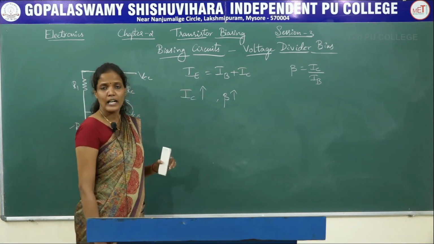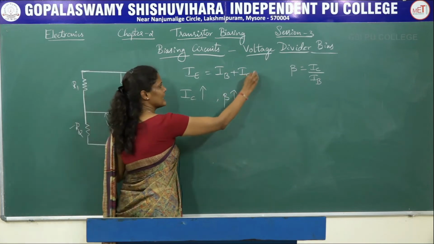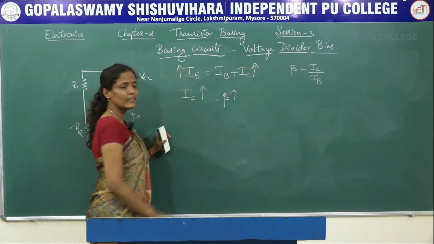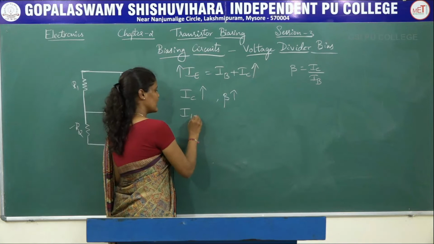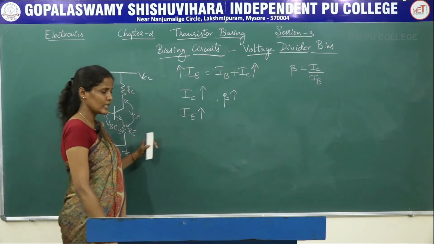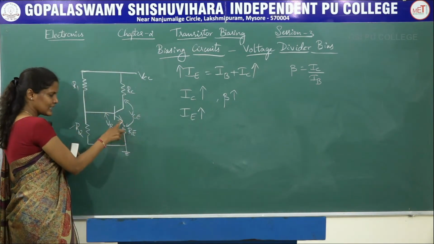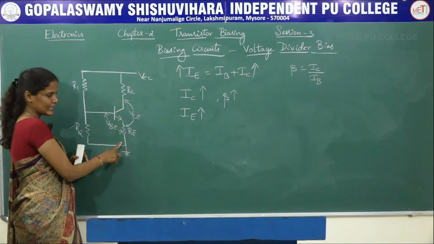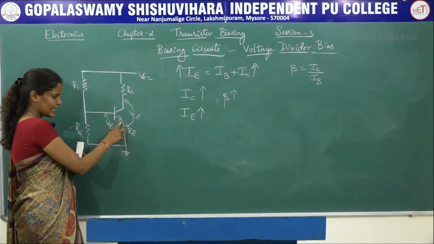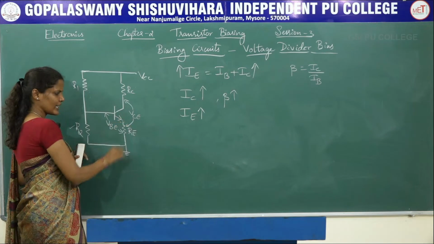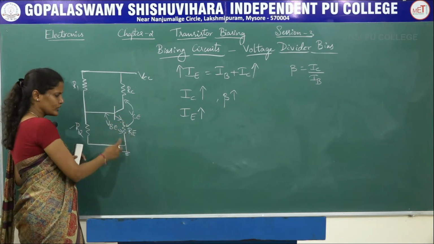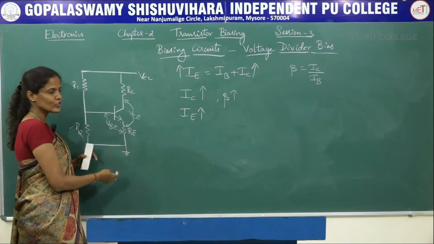Since IC is increasing, what happens to IE? IC will increase, so IE will also increase, right? If IE increases, the current flowing through this resistor RE is nothing but IE. When IE varies, the voltage drop across this RE will also change.